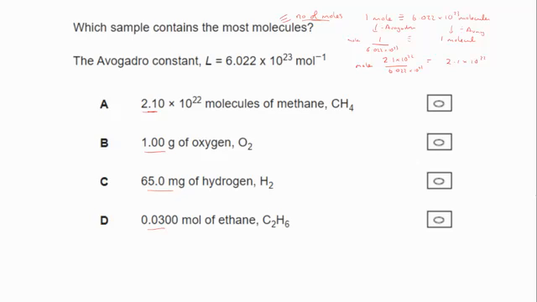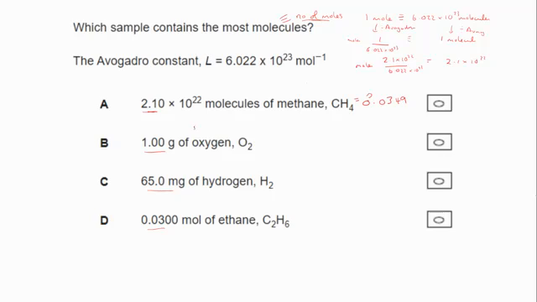So if I stick 2.1 times 10 to the 22 divided by 6.022 times 10 to the 23 into my calculator, that gives me 0.0349 moles of methane.